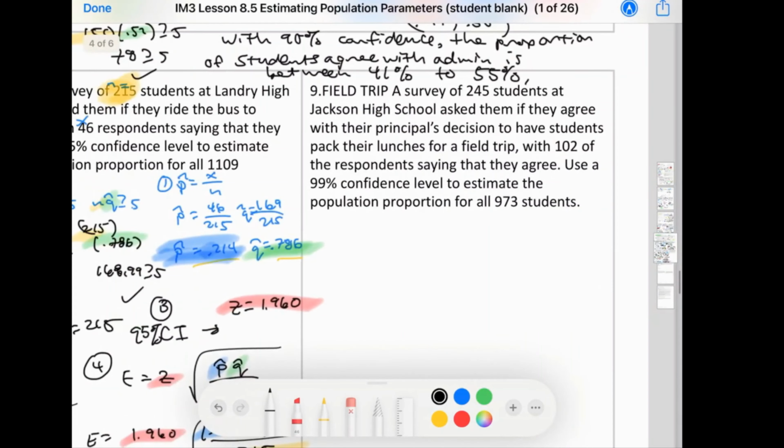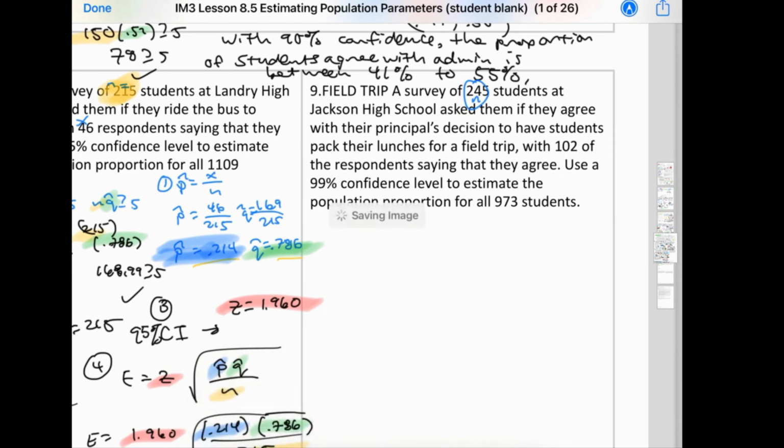Question number 9: a field trip of 245 students, n equals 245, at Jackson High School. Ask them if they agree with the principal's decision to have students pack their lunches for a field trip. With 102 of the respondents, so that's our success, x equals 102, saying they agree, use a 99% confidence interval.